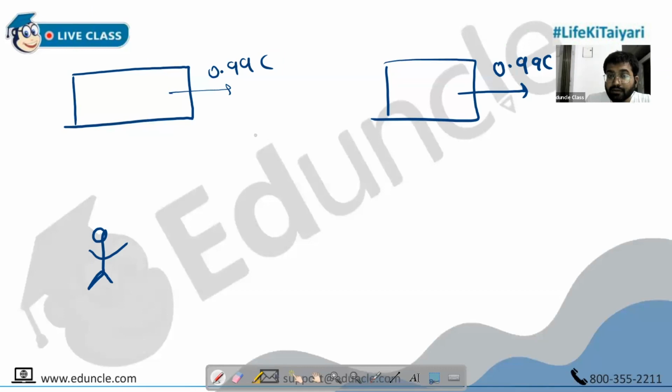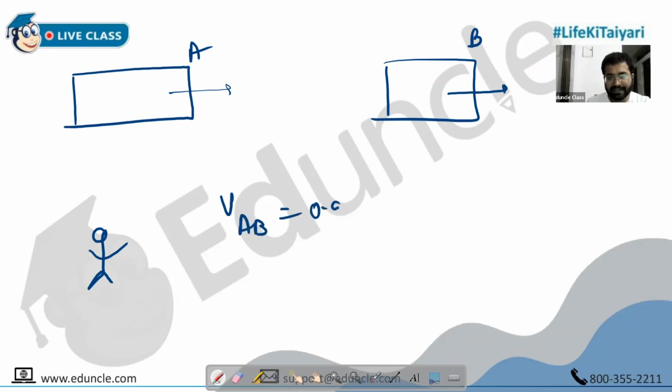Yes sir, an observer sees two spaceships flying apart with speed 0.99 c. अच्छा, the speed of each one from the other. तो एक A रहेगा और एक B रहेगा. And velocity of B with respect to A दिया होगा, something like that. VAB दिया होगा 0.99 c. Relative velocity between them दिया होगा. Yes sir, यही तो.